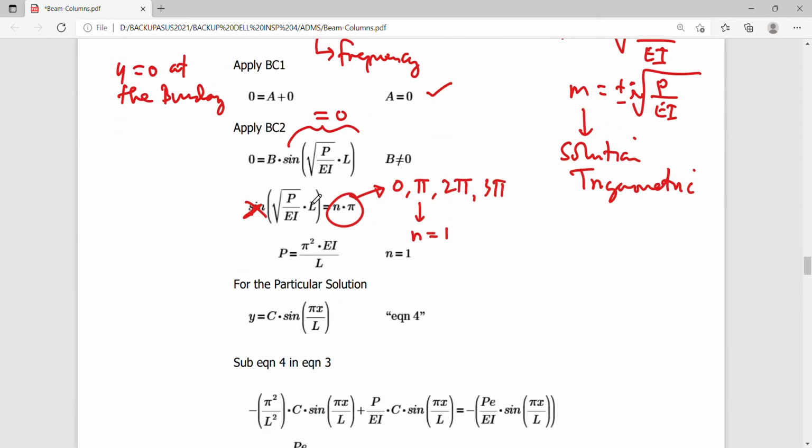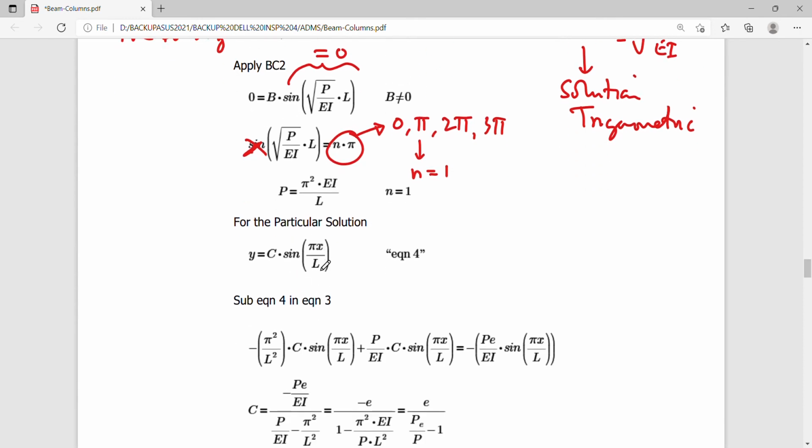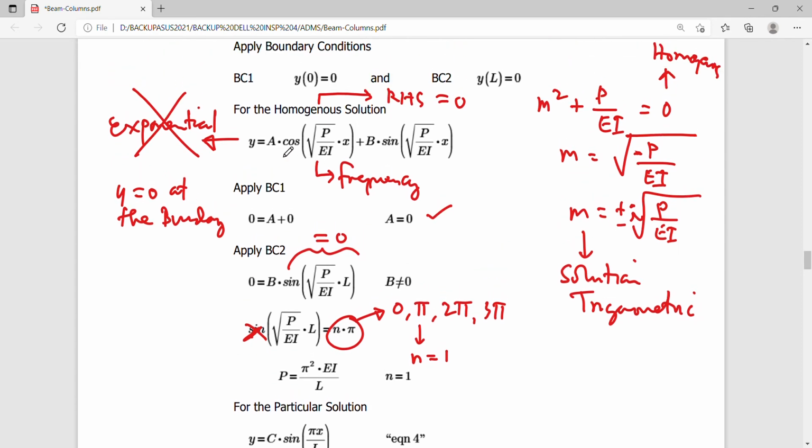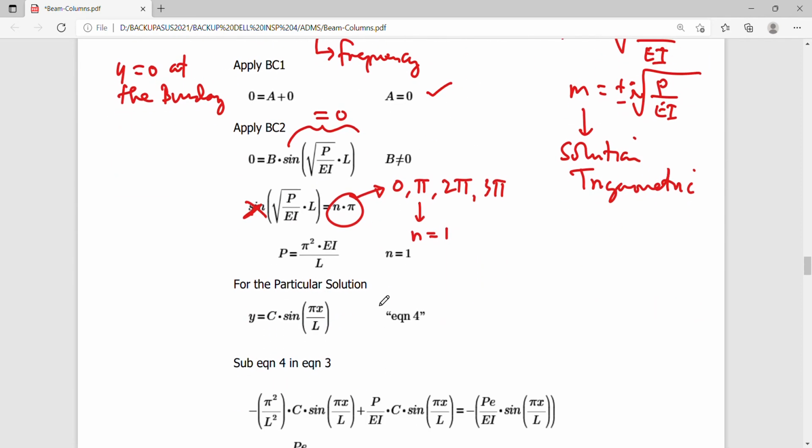We cannot choose the constants a and b because we have already used them. So c sine pi x over L. We just add it here, so y is simply the homogeneous solution and this particular solution. Take note that the total solution is simply equivalent to the homogeneous solution plus the particular solution.